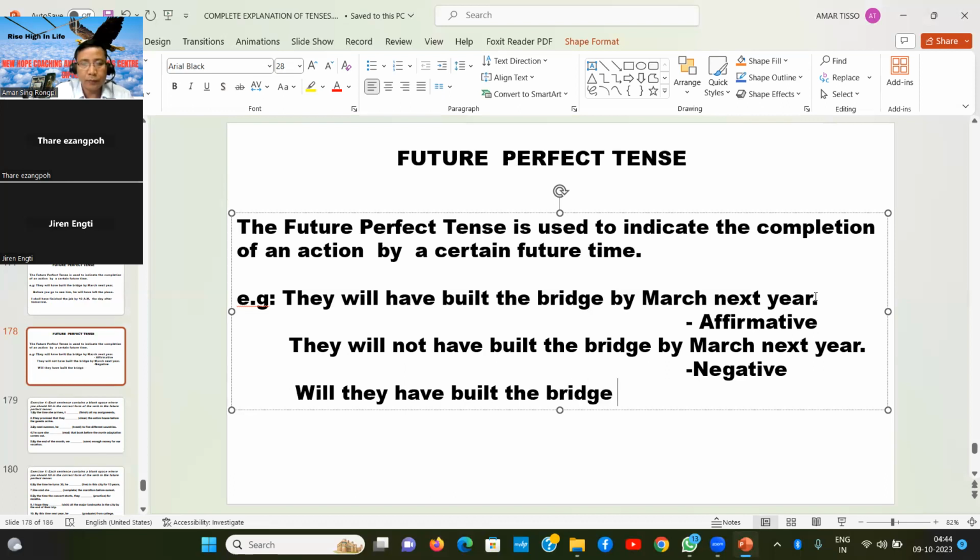B-R-I-D-G-E, bridge, by March? Okay, this is interrogative.